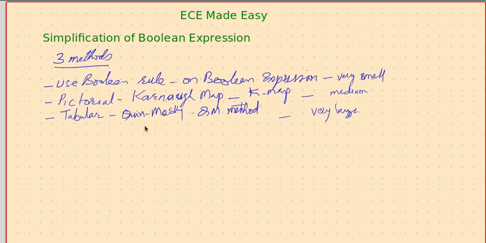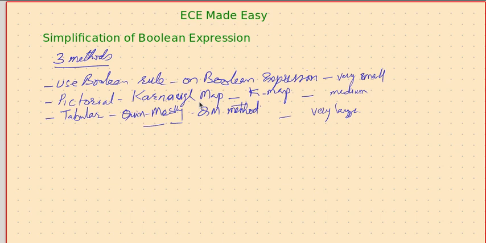So these are the three ways to work with. A small problem can be taken up by the first method, a medium problem can be taken up by the human version, but when it comes to a very large problem, neither of these two methods is useful. So you have to go for the third method. So the first method we have seen.